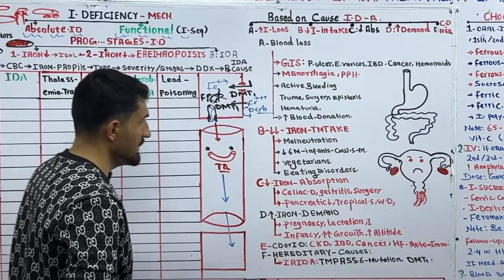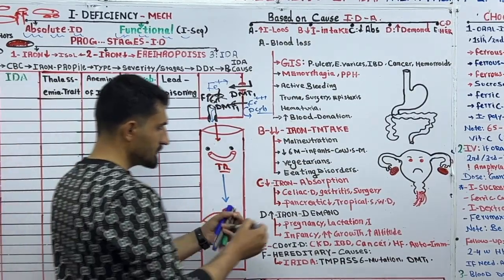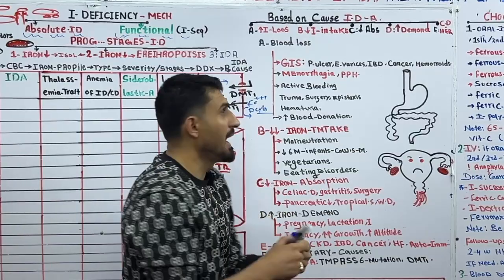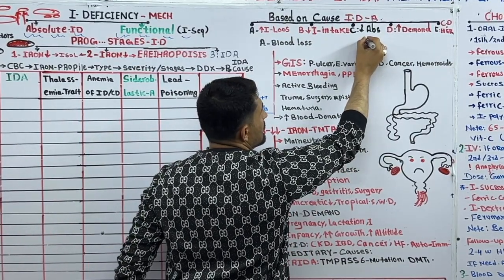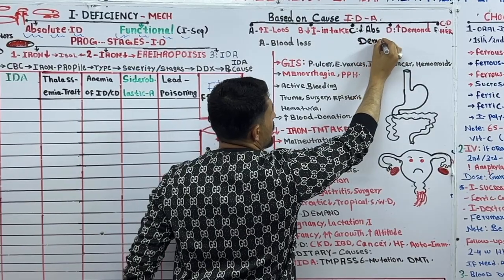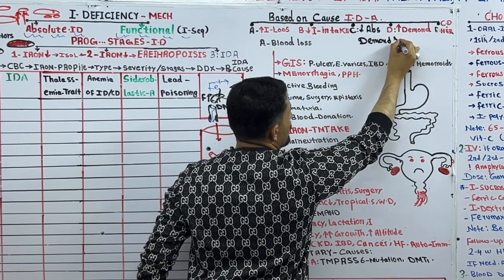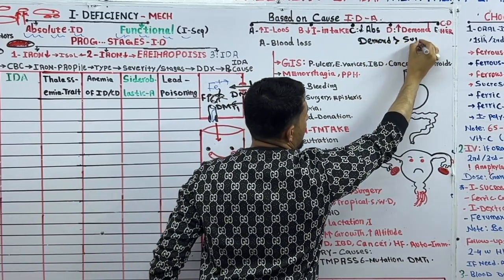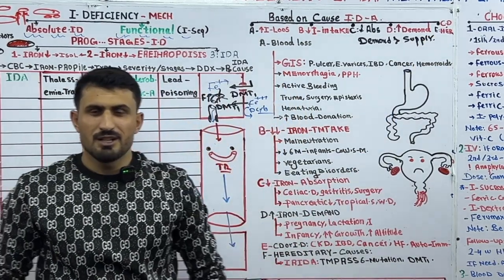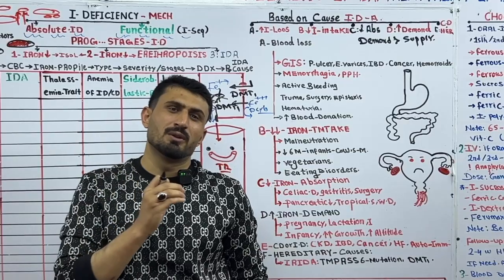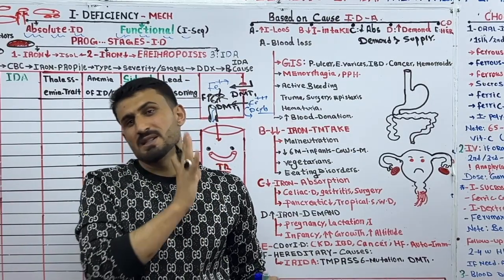First of all, I develop iron deficiency anemia when demand is more than supply. It's a very important thing. It means supply to the bone marrow decreases, but demand increases.